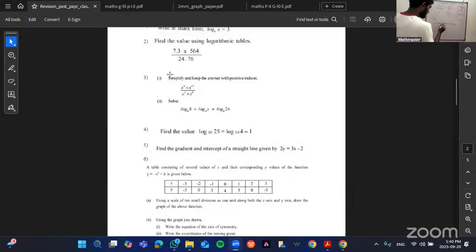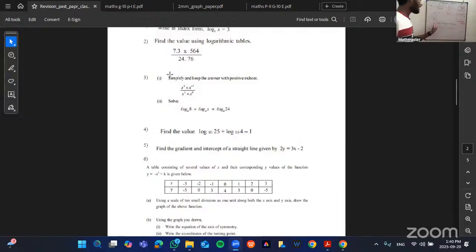That is also correct. 8 into x, 8 into this x equals log a 24. So here you have to add these logarithms, which means you can multiply. We have studied, right? Log a plus log b means log of a into b.